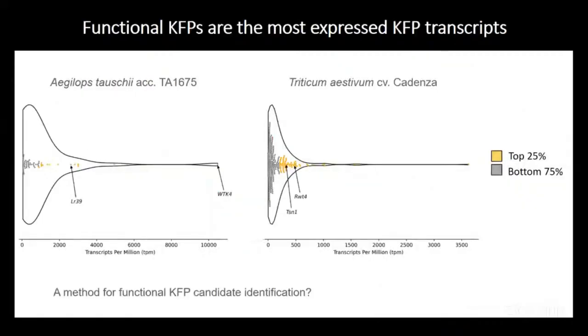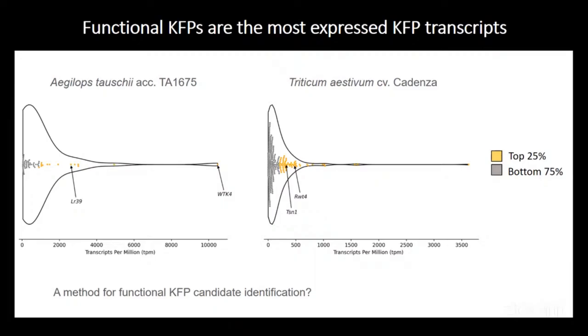And another very important feature that we've discovered is that if you look at the expression of these kinase fusion proteins in a plant genome, the ones that have been defined as being functional are invariably in the top 25% most expressed kinase fusion proteins in the transcriptome.